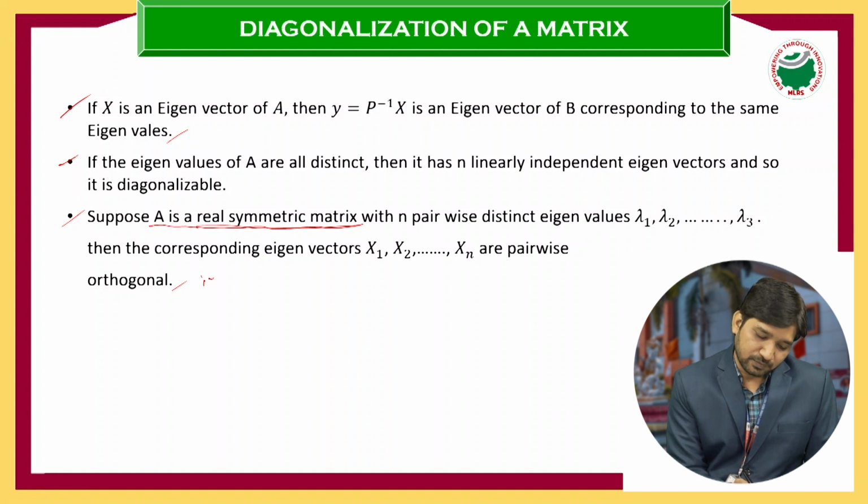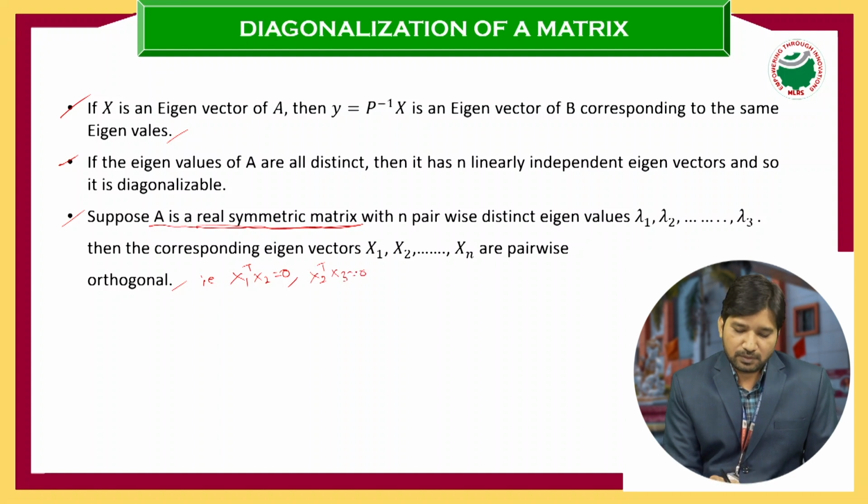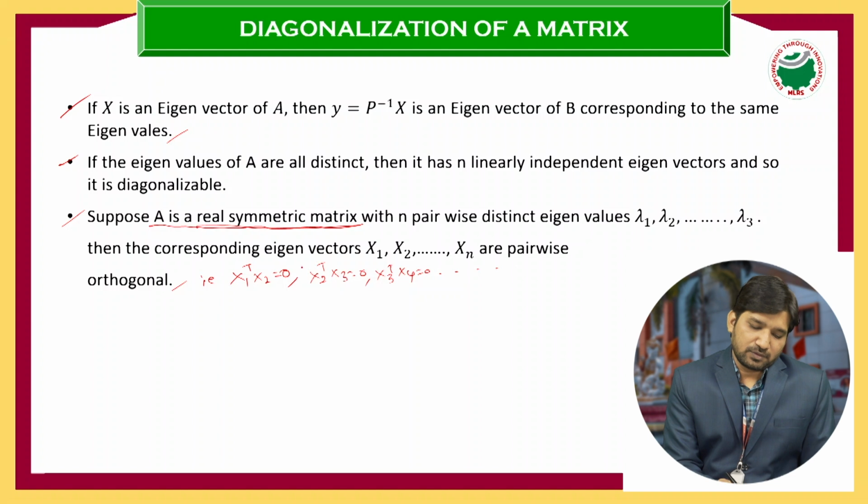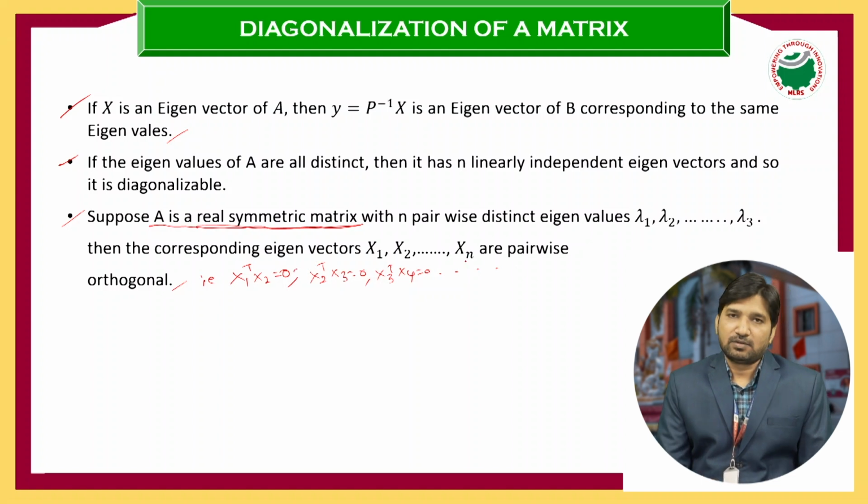That is, we see that X1 transpose into X2 equal to 0, X2 transpose into X3 equal to 0 and X3 transpose into X4 equal to 0, like this. Okay, the product of any two eigenvectors is equal to 0. That is the pairwise orthogonal.